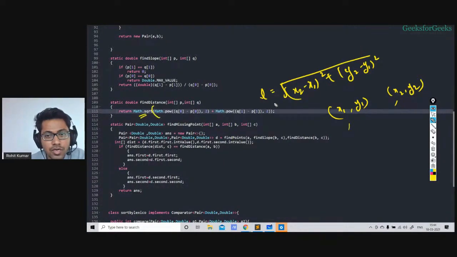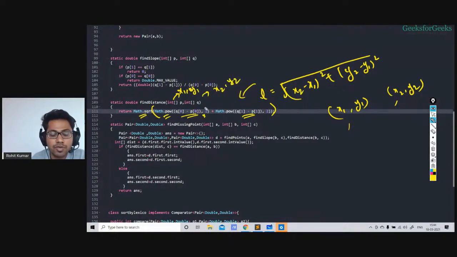We have a square root on the entire bracket, and inside we are calculating the power of q0 minus p0, that is power with 2, whole square. And similarly q1 and p1, because if you look at this carefully, p0 is storing x1 and p1 is storing y1. Similarly q is storing x2 and y2. So this is the same formula getting implemented over here.